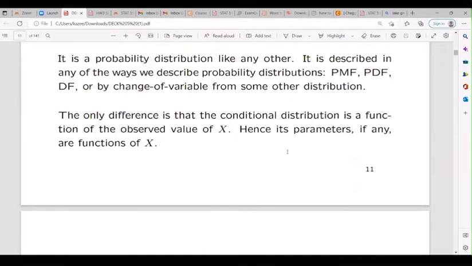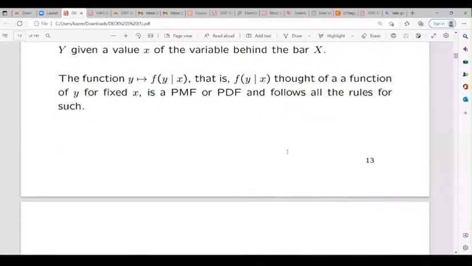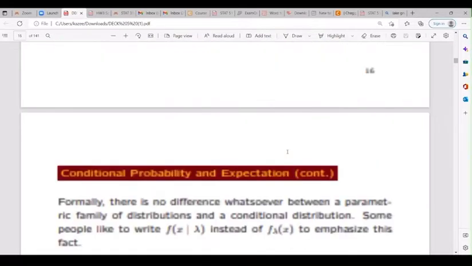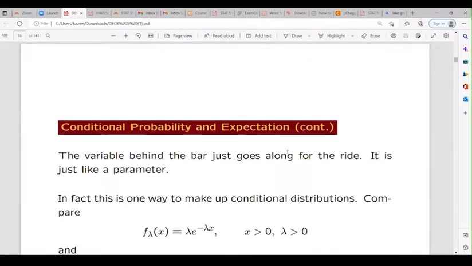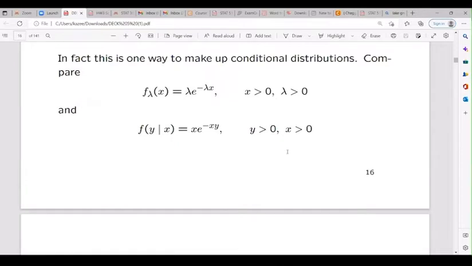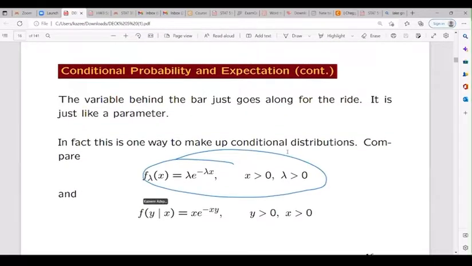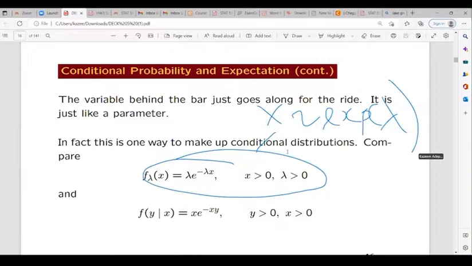But let me tell you what is new today. Take a look at this now. This is a marginal distribution, f of x, that is an exponential distribution with parameter lambda. So x follows an exponential distribution with parameter lambda.